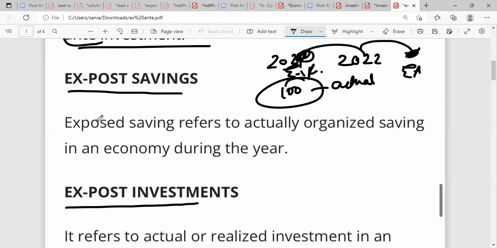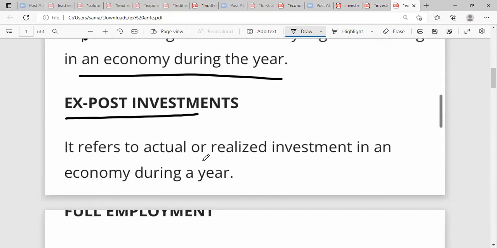Ex post savings refers to actual or realized saving in an economy during the year. Whatever actual amount you have saved is ex post saving. Ex post investment refers to actual or realized investment in an economy during the year. The actual amount of investment which you have done in a year is your ex post investment. Clear?